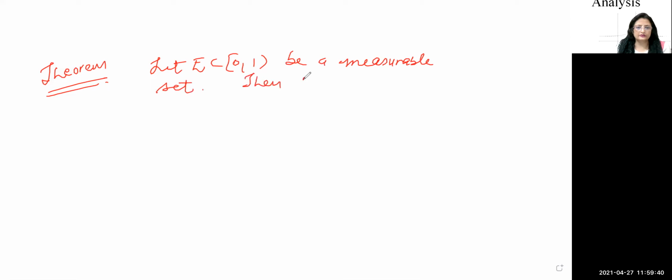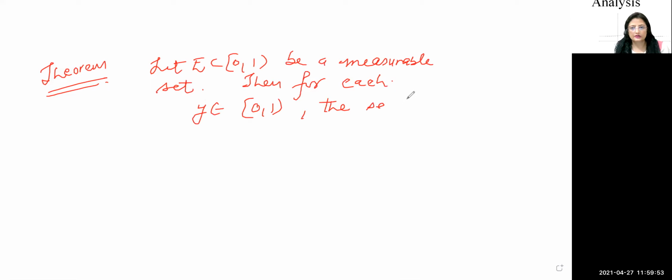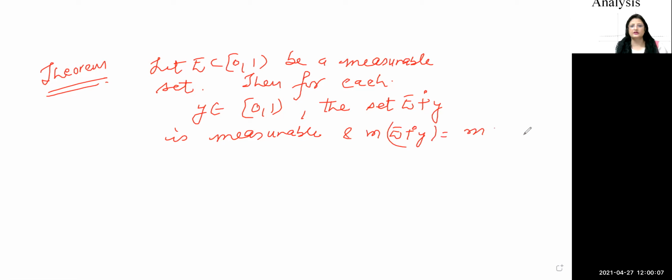Then for each y belongs to the interval 0 to 1, the set E plus y is measurable, and measure of E plus y is equal to measure of E.